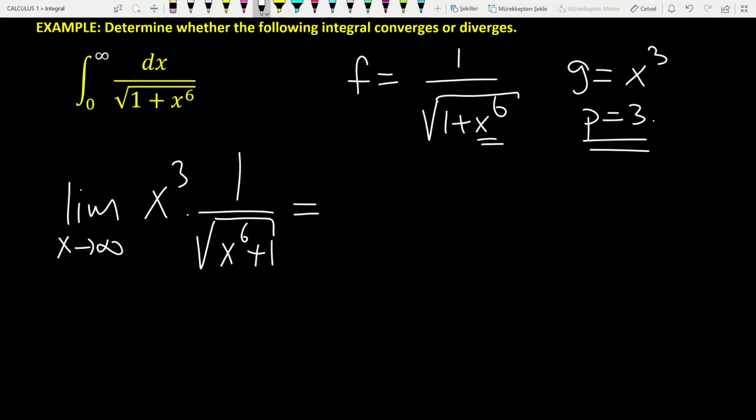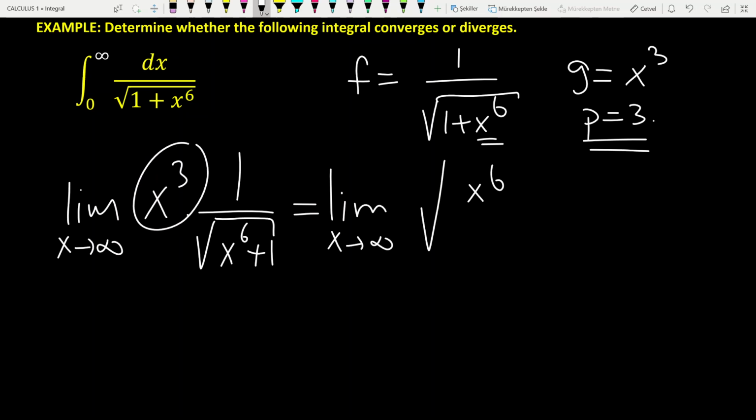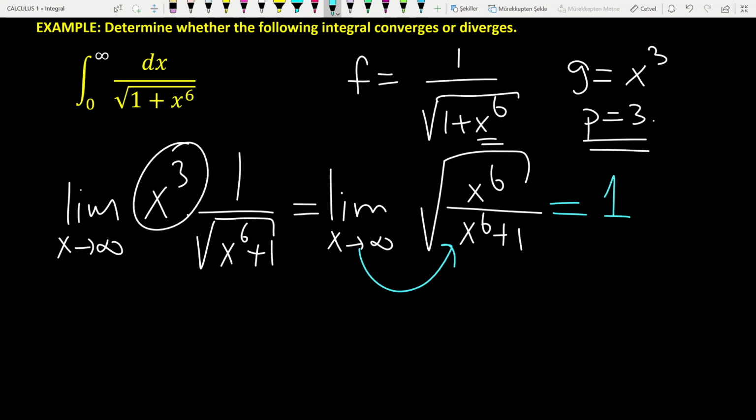Okay, and this is equal to limit when x tends to infinity, square root of x to the power 6, so you can take this expression into a square root function. In this case, you have x to the power 6 over x to the power 6 plus 1. So if you take the limit to the inside of square root function, you see that the answer of this limit is equal to 1.